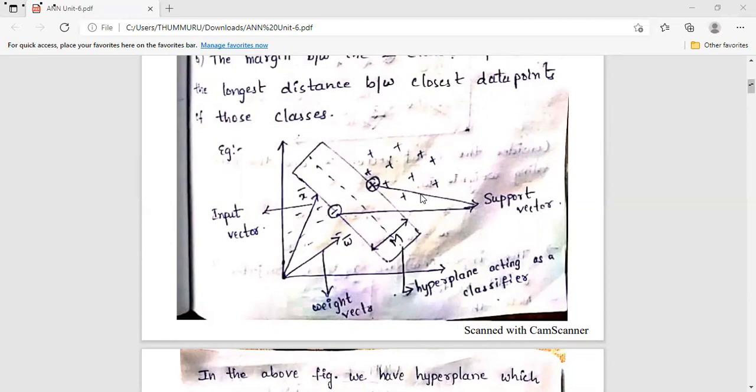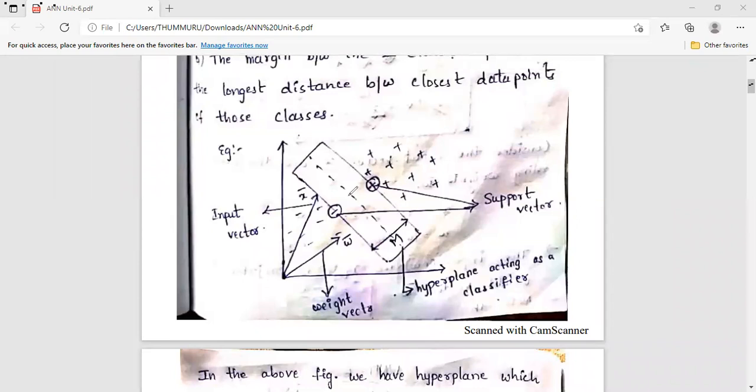Based on the distance between these two classes, we can draw an optimal hyperplane exactly in the middle. Not this side, not that side.